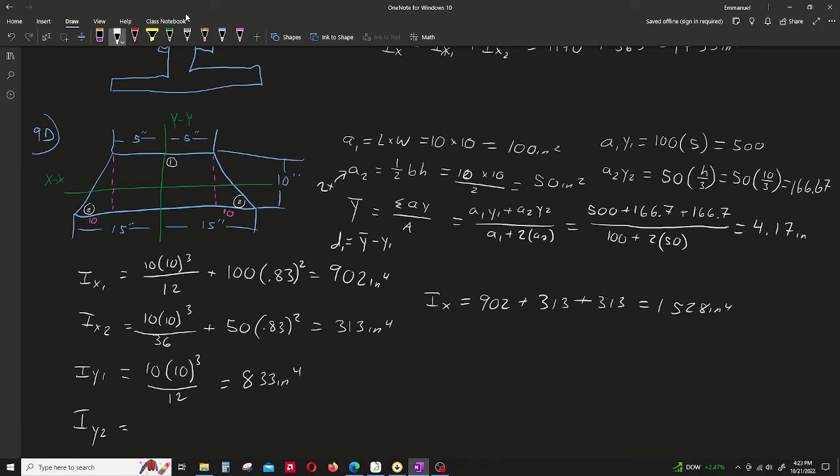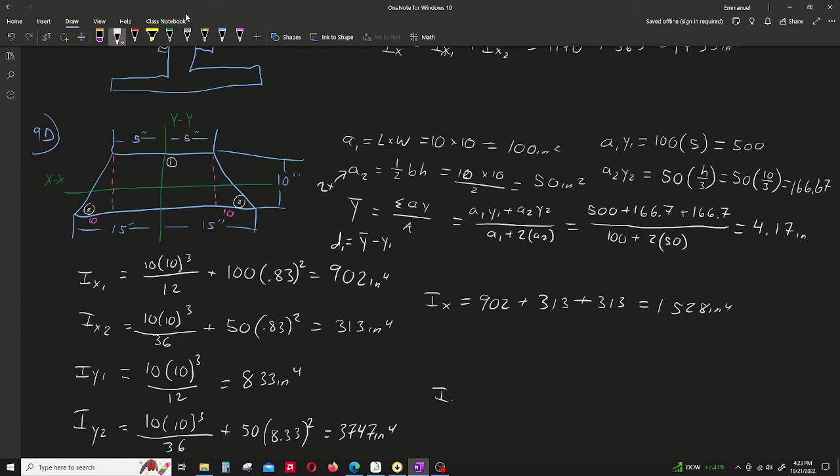For number 2, 10 to the 3rd, divide that by 36. This one actually does have an AD squared because it has a distance away from the y. So A is 50, D is going to be 8.33 squared. 3747 inches to the fourth would be the answer.